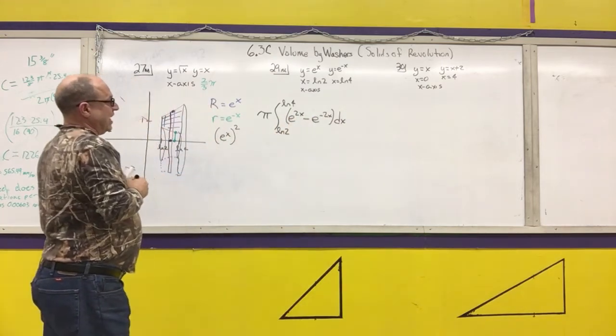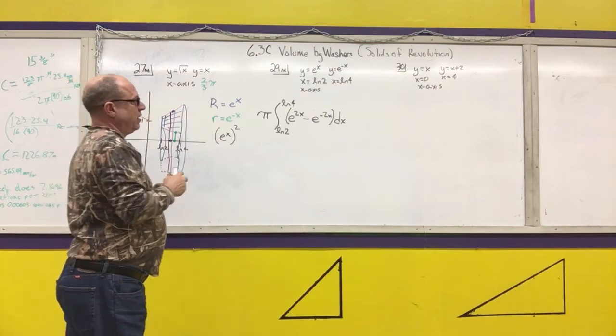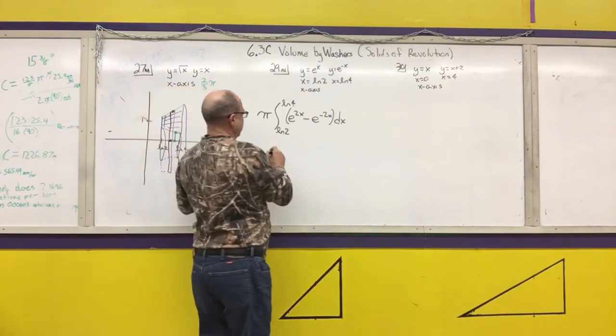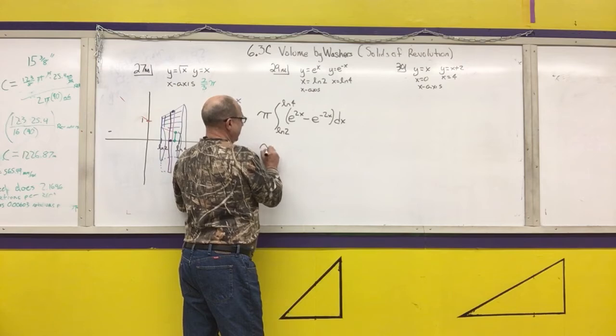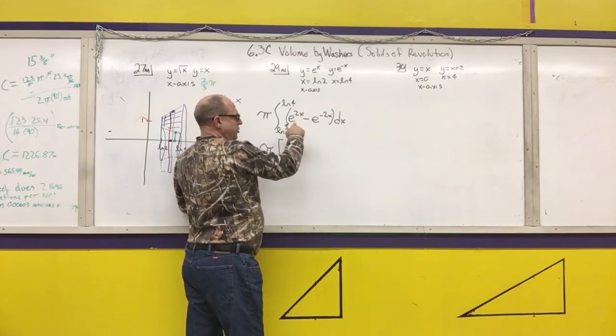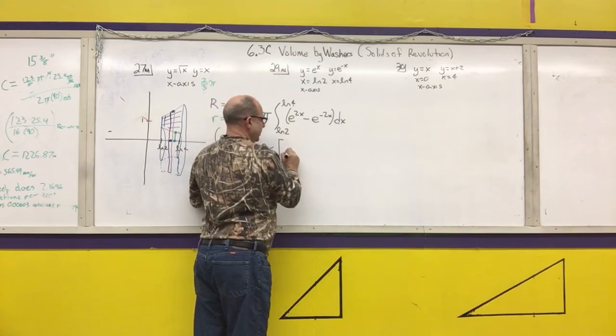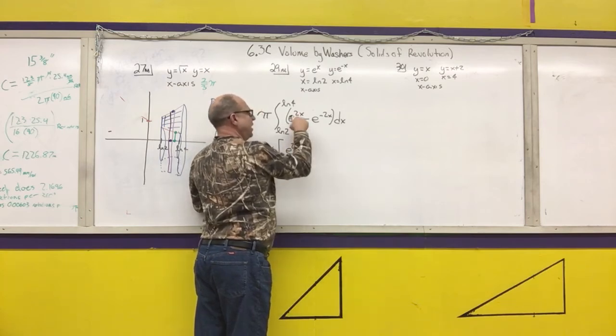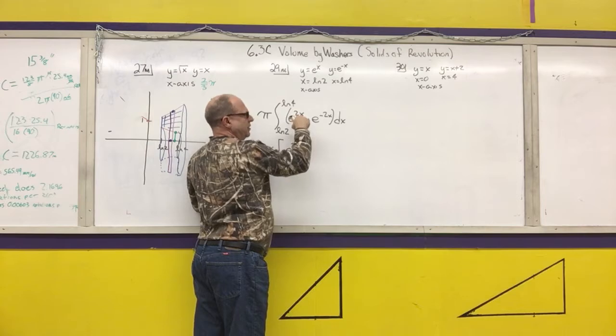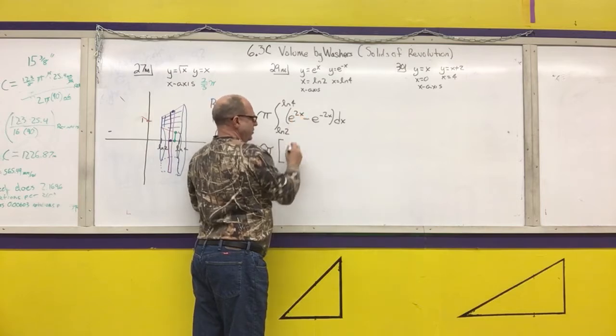Now what I'm going to do is anti-differentiate and then evaluate. To anti-differentiate, pi comes along for the ride. The derivative of e to the 2x is e to the 2x divided by the derivative of the inside function, because this is linear, so divided by 2.